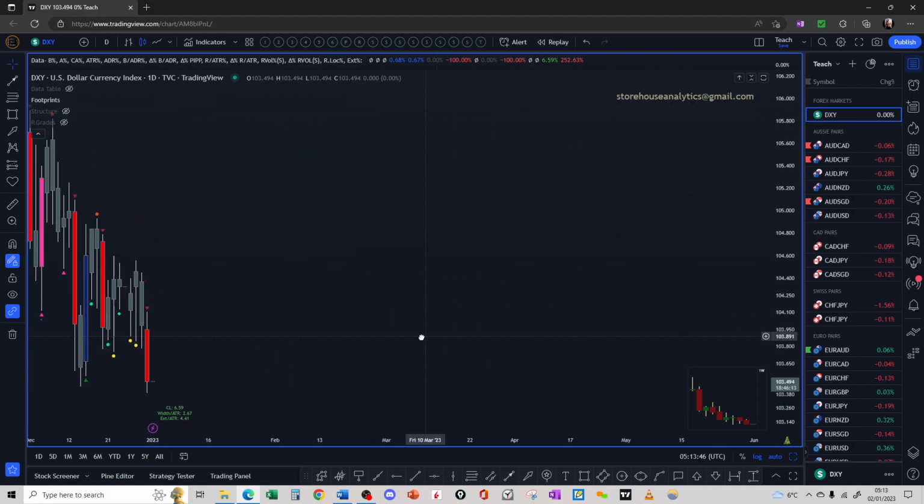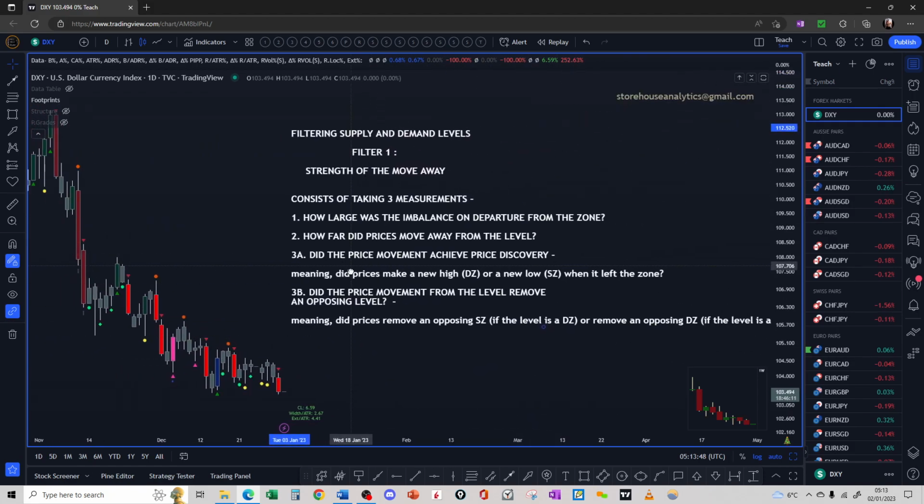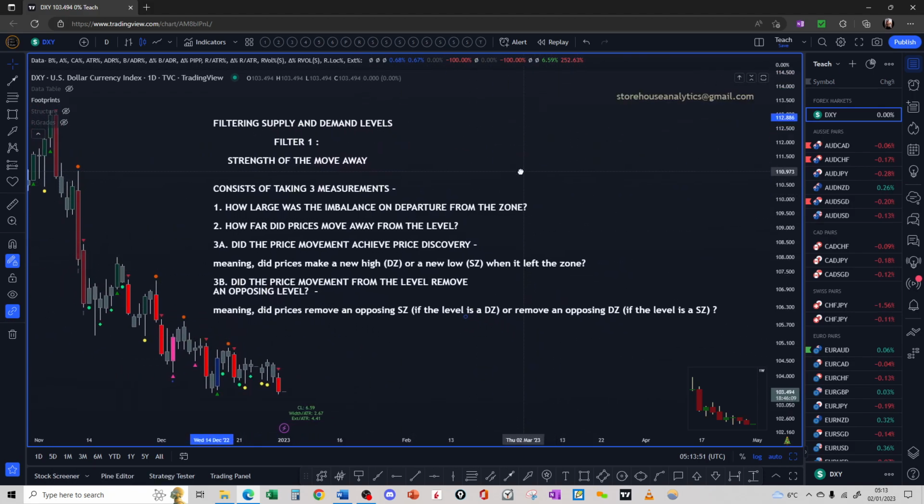So to summarize the lessons so far, before we look at one or two more examples, and I'll talk to you about how you could join the roundtable in 2023 if you wanted to be a part of our group. How large was the imbalance on departure from the zone? How far did prices move away from the level when prices left the level?